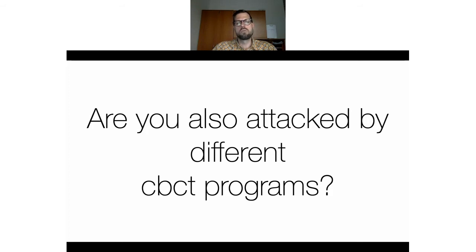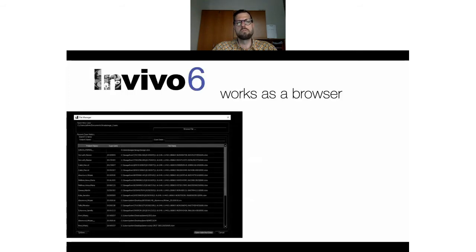So what is good about the In Vivo 6? The In Vivo 6 works as a browser. So you will browse to the file on the CD. You put the CD in the computer, and you find it in your files. So, for example, this is a CD that is made in Romexis.